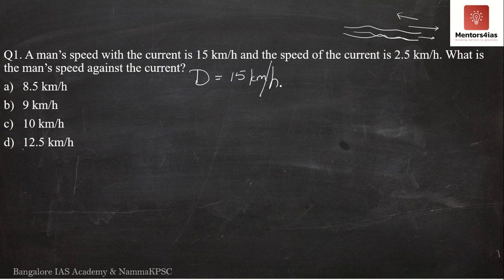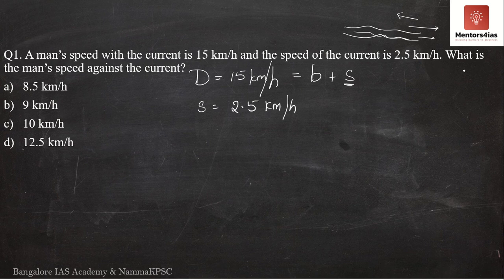Downstream speed is nothing but the sum of the speed of the boat and the speed of the stream. The question further says the speed of the current is 2.5 kilometers per hour, meaning S, the speed of the stream, is 2.5 kilometers per hour.